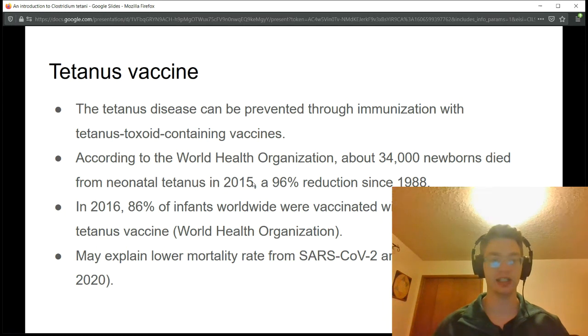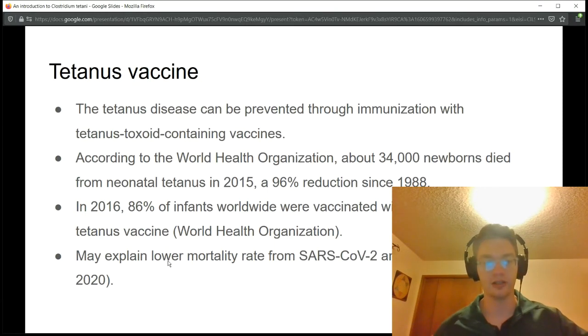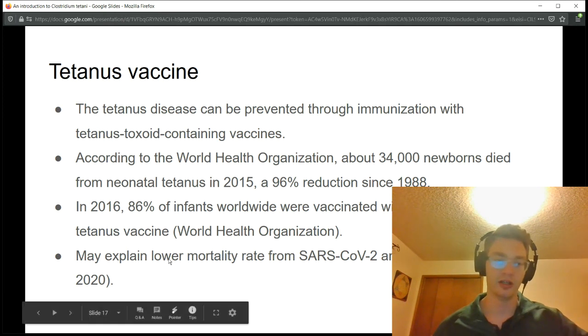In 2016, 86% of infants worldwide were vaccinated with 3 doses of the tetanus vaccine. And I know that you're supposed to get more than 1 dose normally over a time period, I think when you're a child. This may explain, well, this is something that I actually found out while researching this, an interesting tidbit of information.